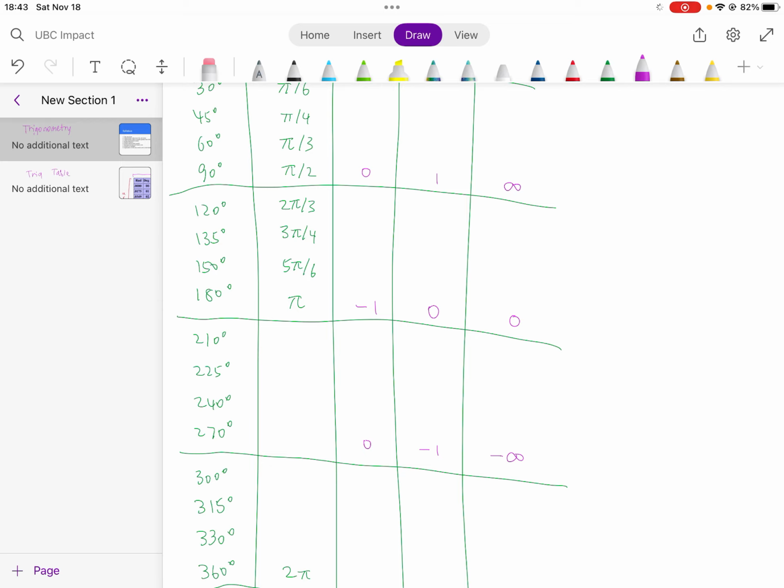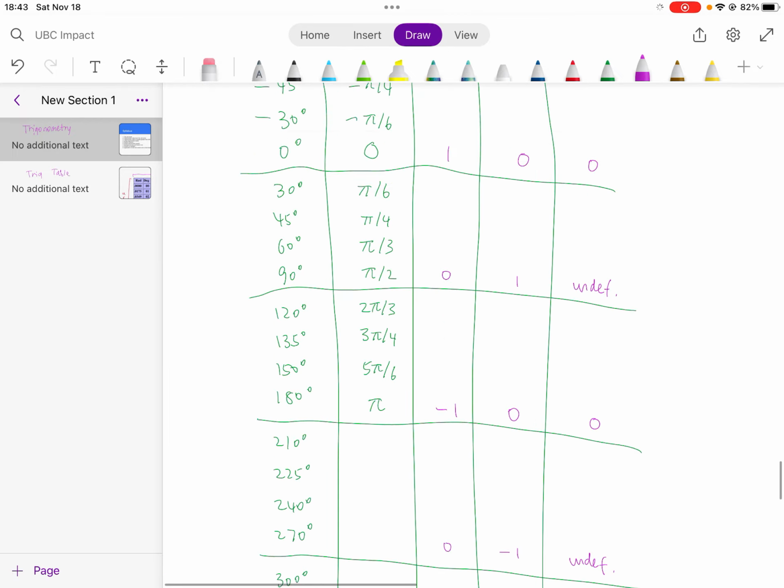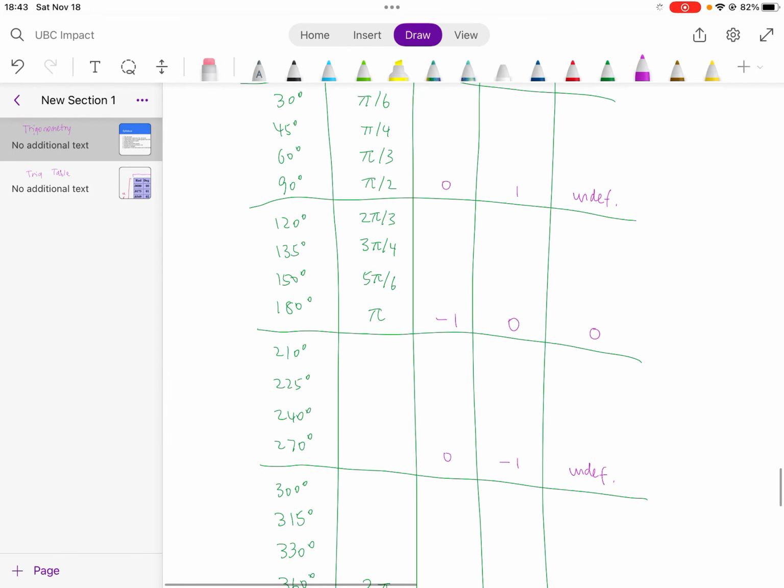It's kind of both positive and negative depending on the sign of the 0, which can come from either side. So instead of writing negative and positive infinity, I'm just going to write undefined. Undef stands for undefined. This will make it easier to understand for the time being. It's not correct to write positive and negative infinity here, that's why.